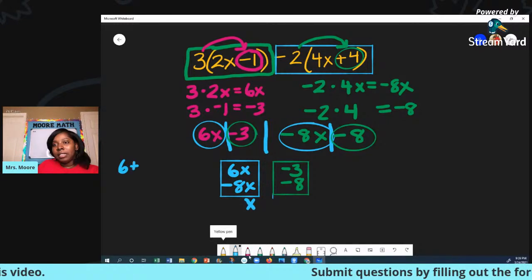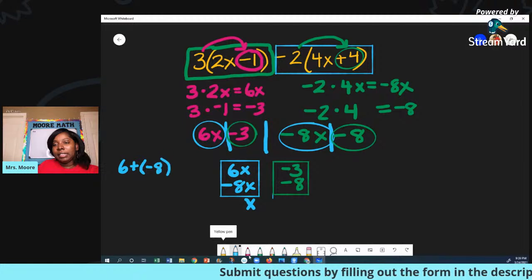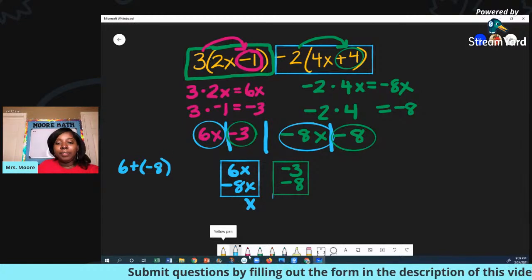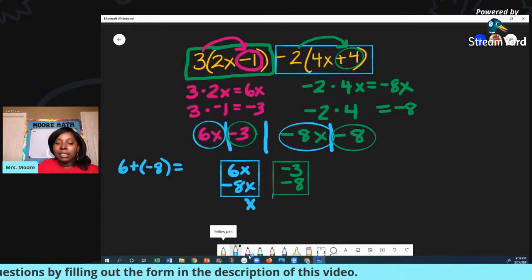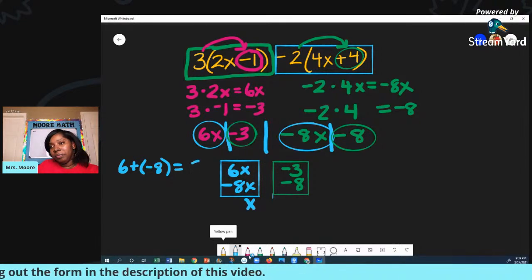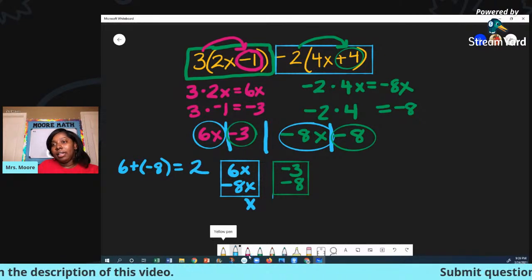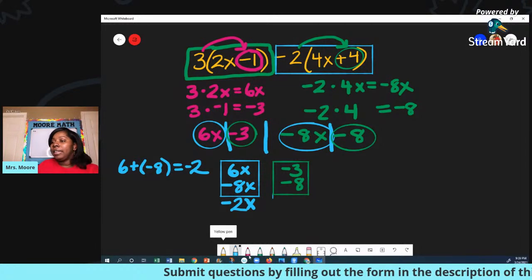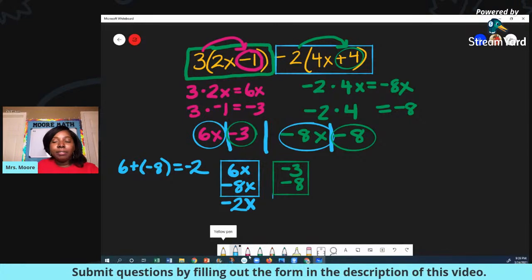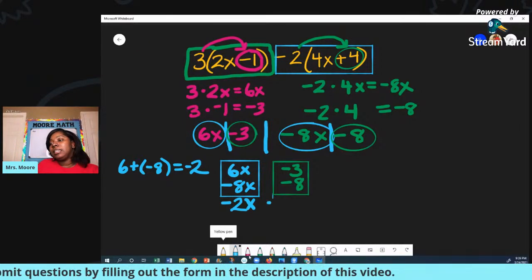6 plus negative 8. They have different signs, so I'm going to subtract. 8 minus 6 is 2. All right, the negatives are going to pull us into the negative direction. Good, you got the negative 2x. And negative 3 plus negative 8, same sign.